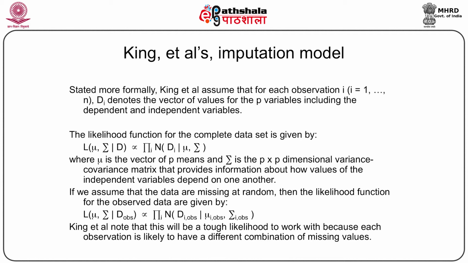We assume that the data are missing at random, conditional on the imputation model, where the model is defined to include the variables that provide information about the missing data process. King's missing data program is based on the assumption that all of the variables in our model are jointly multivariate normal. King also argues that in most cases, the multivariate normal density is a very good approximation, even if some of our variables are ordinal.